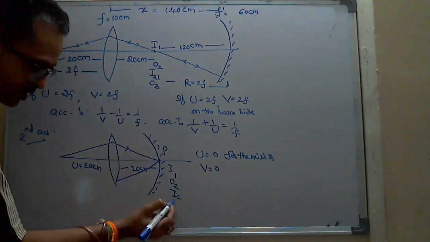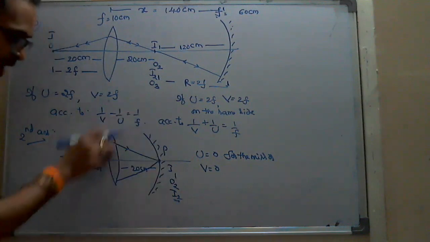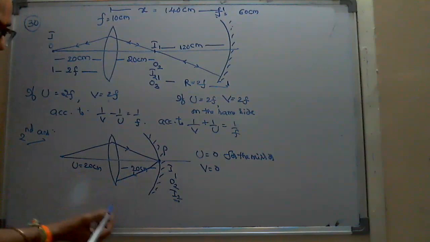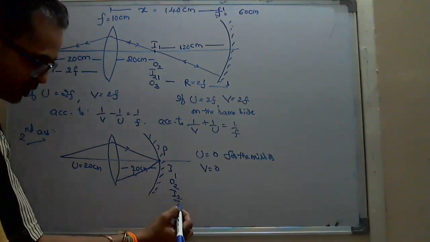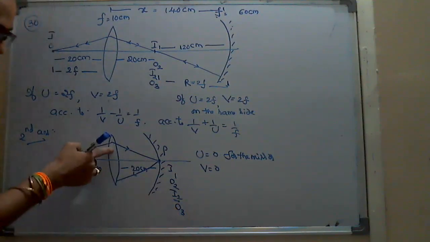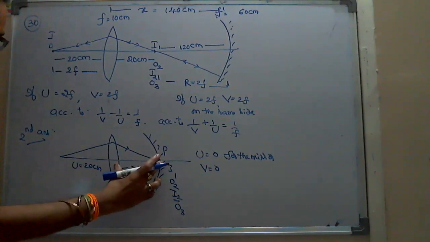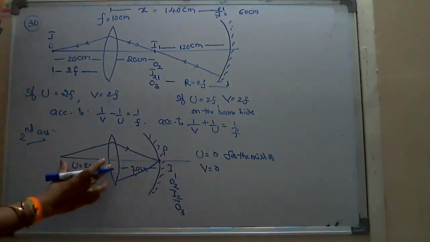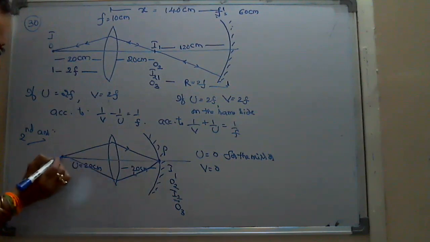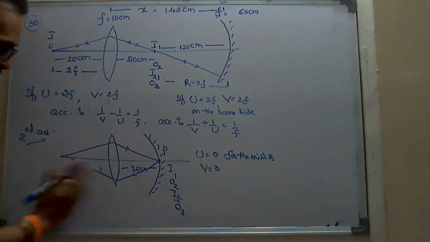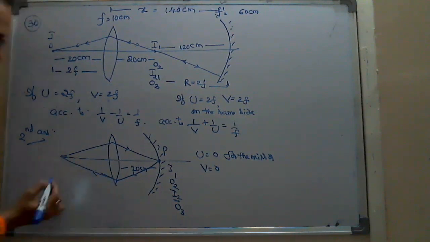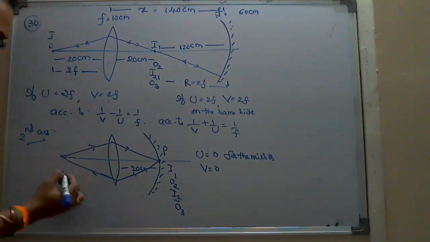That image, I2, behaves as an object for the lens again while reflecting back. I2 behaves as an object for the lens, which is at a distance of 20 centimeters, which is 2f now. If the object is at 2f, the image will be formed again at 2f only. Means the diagram will come like this. So this is the other possibility.